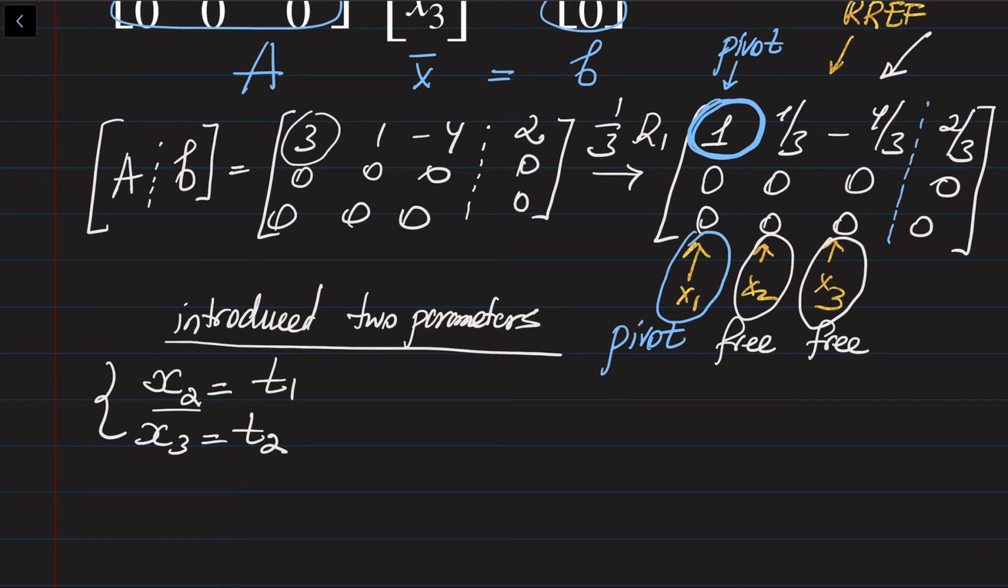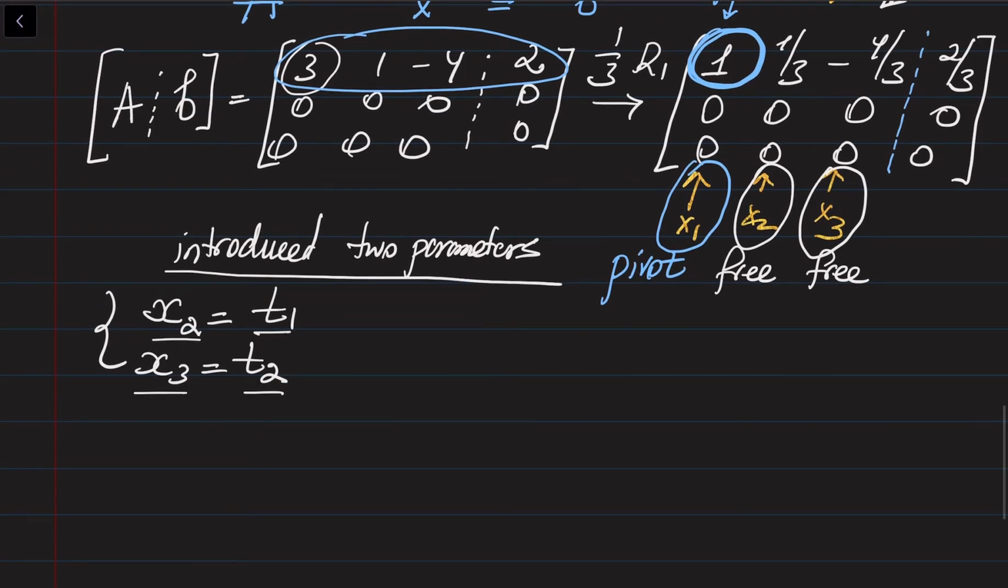Since x2 and x3 are the free variables, we have introduced t1 and t2 for them, and I'm now going to write down the equation. What does this equation tell you? It is 3x1 plus x2 minus 4x3 equals 2. If you remember, x2 was t1 and x3 was t2, so I'm going to substitute them.